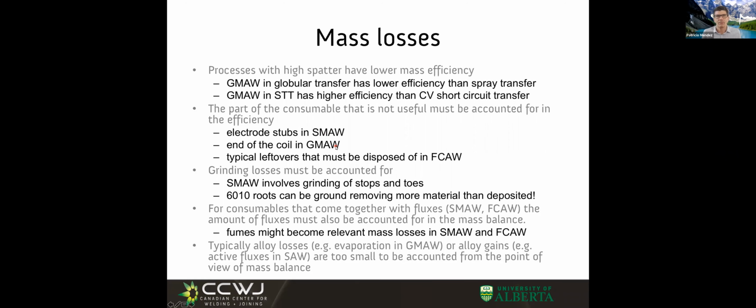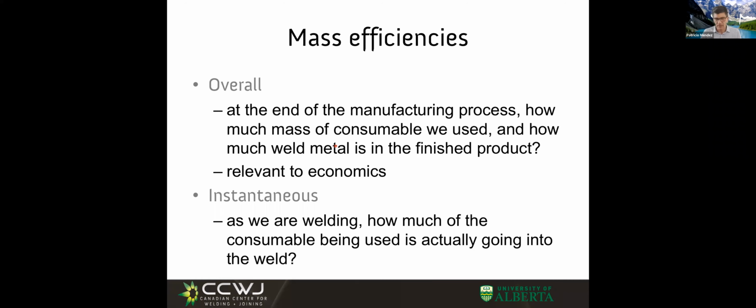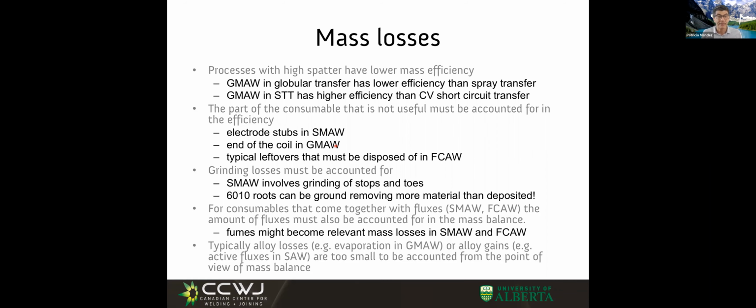In MIG or flux core wire-based processes, you cannot run the whole coil through the machine. So you have a loss, typically negligible, right? In the case of flux core, depending on the application and your company guidelines, I heard that some rolls of wire, whatever you didn't use during the day, you just trash, right?